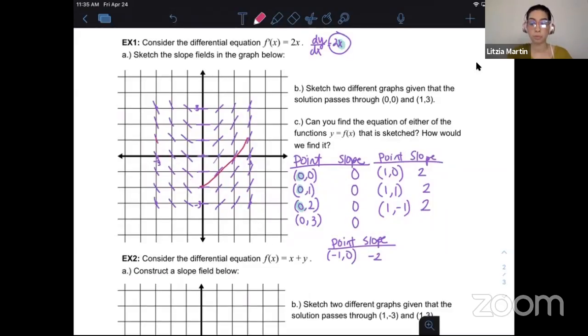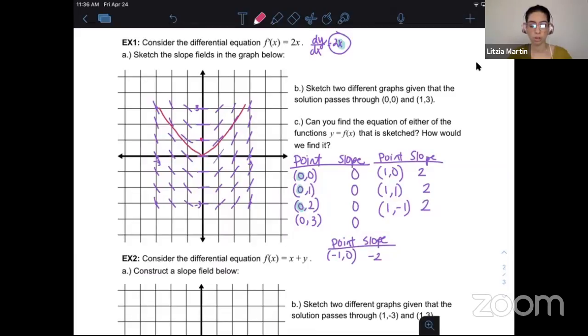Or I can pick a different vertex. I can pick the vertex 0, 1, and then I'd have a parabola like that if you follow the graph. Or I can pick 0, 0 as my vertex, and that would mean I have a parabola that looks like that.